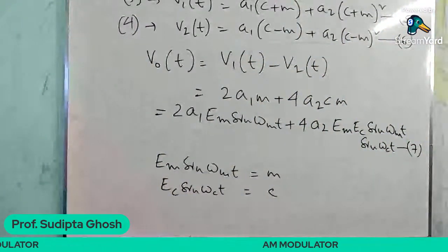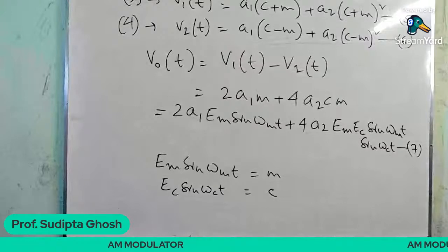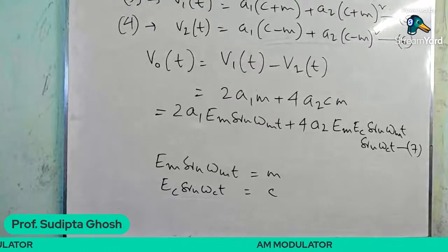So this is the output voltage form. It is V0(t) equals twice A1 Em sine omega mt plus 4 A2 Em Ec sine omega mt into sine omega ct.